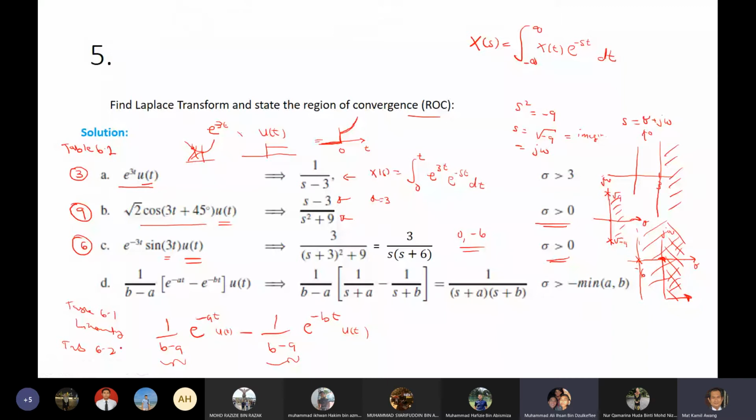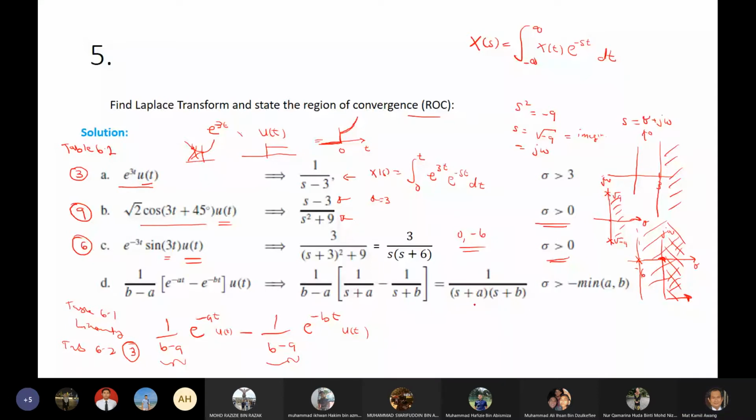So you get this: 1 over s minus a is number 3. So here 1 over s plus a for this one, and this one is 1 over s plus b, and this is just a constant, and this can be written as this, right?